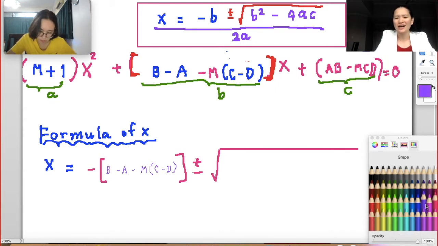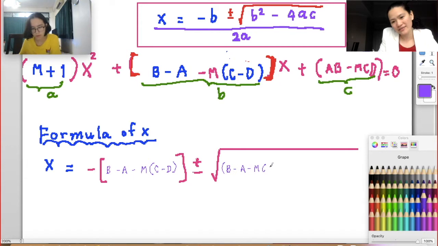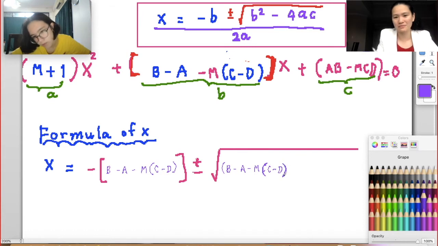Plus or minus the square root of b, the whole bracket, is b minus a minus m, c minus d, multiplied with the bracket c minus d, and then squared.